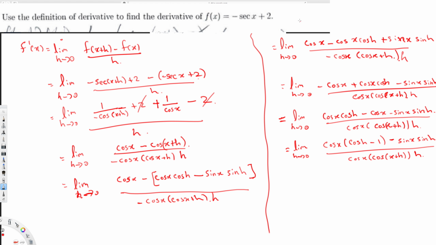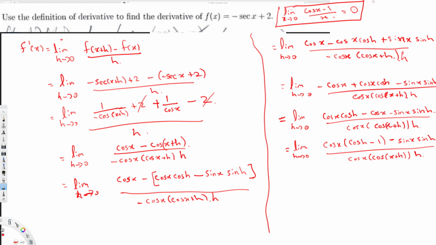Now I show you the rule. There are two common rules we have to remember before we go further. The first rule is, when limit x approaches 0, cos x minus 1 over x is equal to 0.